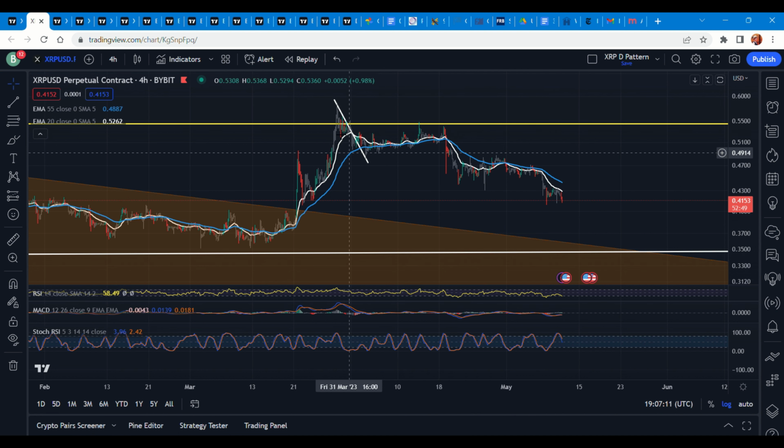Now, how do we recognize these? Because in hindsight, we can look and say, oh yeah, this is clear. This swing topped out, and this was coming down, and it's easier. It's always easier to look at it in hindsight.